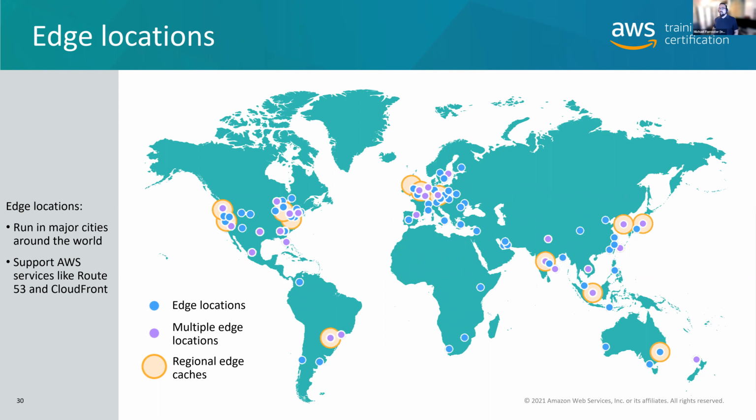Since you're hitting, with your slower connection, a server which has a way faster connection, when that server proxies on your behalf, it pulls down more data quicker and can then feed it out to you almost immediately. So remember, regions are comprised of availability zones. Local zones sit outside of regions, closer to major cities, but they are in a sense availability zones. And then we've got these edge locations scattered all over the world, and these act as caching and DNS proxies and network proxies on your behalf.